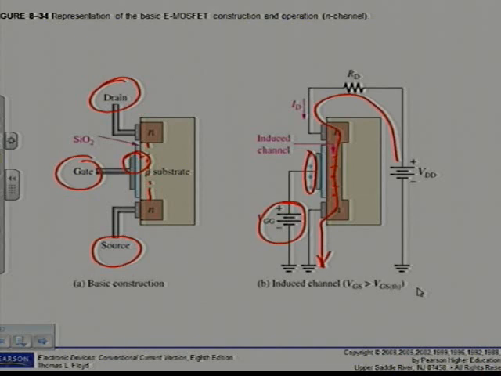But there is no current flow from the gate to any of those terminals. That means my gate is completely insulated, and I get a very, very high input impedance or input resistance. That is the E MOSFET, and it's an N channel, my enhancement MOSFET.